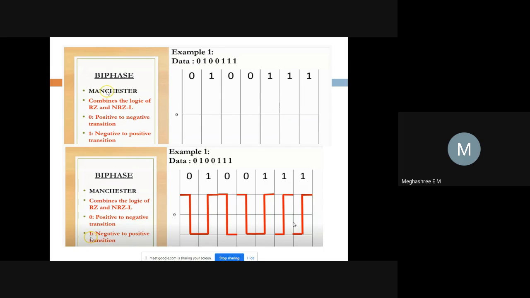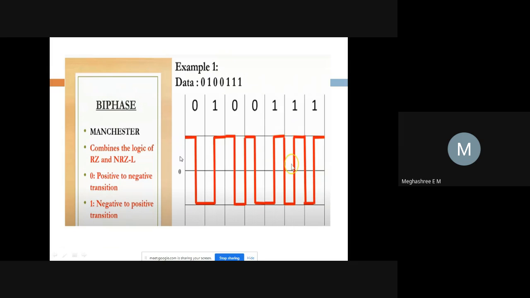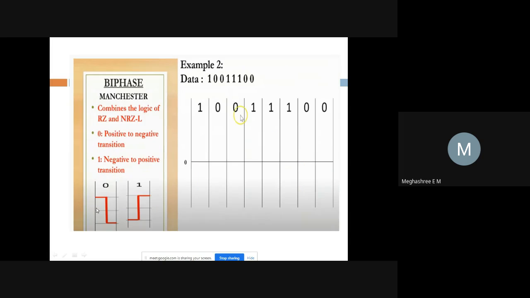The next bit is 1, negative to positive, and the next bit is 1, from negative to positive side. So all together, complete drawing the lines here, and then you will get the final digital signal like this. You just need to remember this part. That is one example for Manchester.